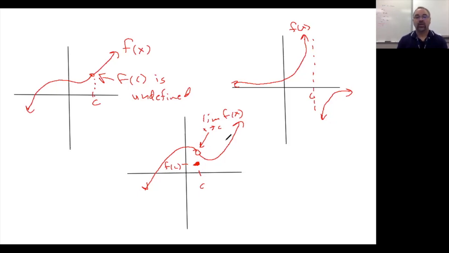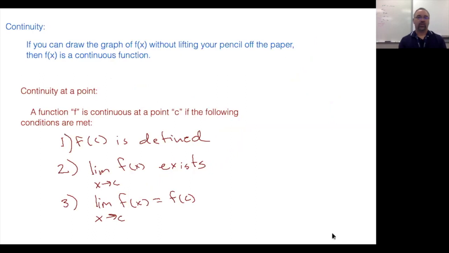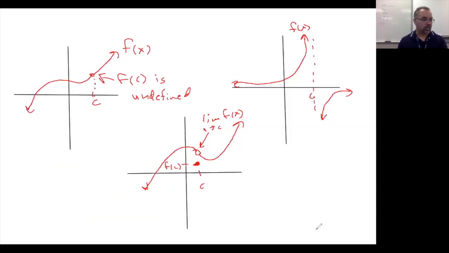We have a violation of the third criterion for continuity at the point C. So understanding it graphically is important, and understanding it in words, which was our definition on the previous page, is part of the GNA acronym. I wanted you to see what those look like.